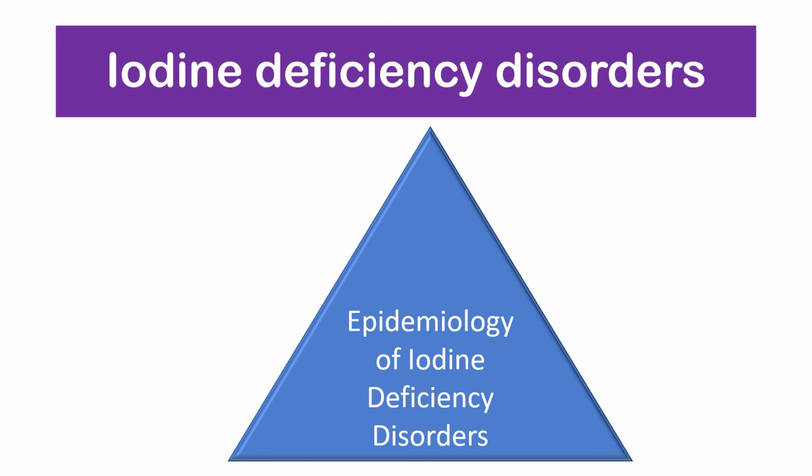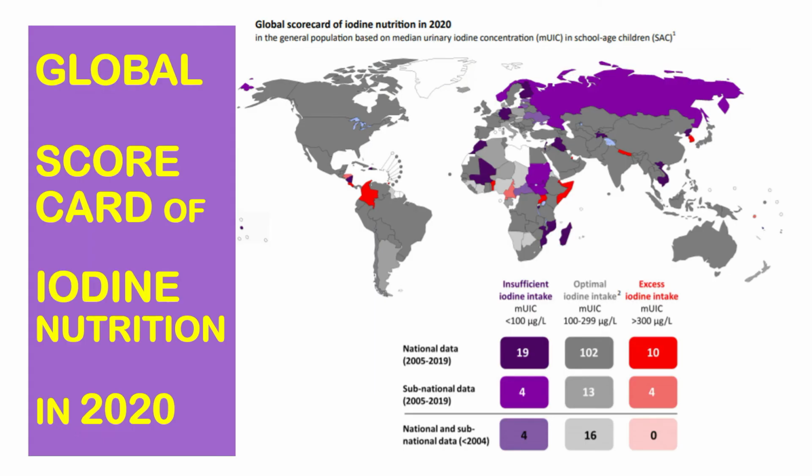Coming to the epidemiology of iodine deficiency disorders, over the decades, the presence of iodine deficiency disorders globally has come down, and as per the global scorecard of iodine nutrition, based on median urinary iodine concentration in the school age group, that is 6 to 12-year age group, we still have countries where there is deficiency of iodine, in some African countries as well as some areas in the Russian region.